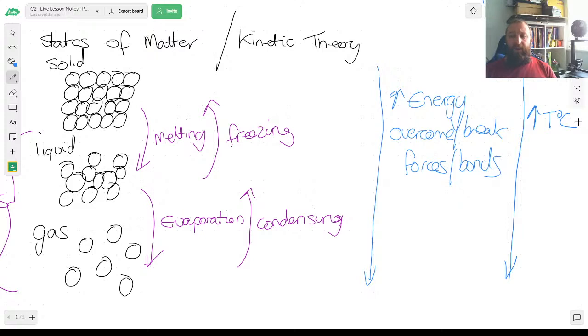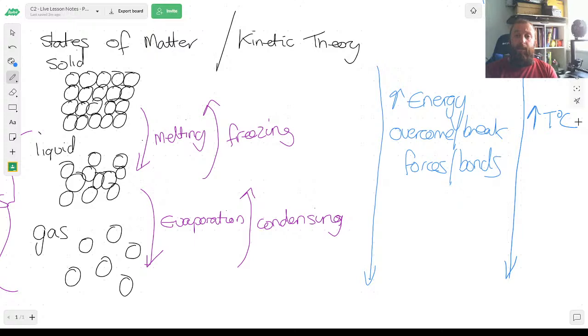Okay, so we've got this idea: more temperature, more energy, the particles move faster. When they're moving fast enough to break those bonds or overcome the forces between them, we get a state change, a transition from solid to liquid to gas. In some cases, the size of the forces needed to break the bonds in a solid and in a liquid are so close together that we don't get melting, we get sublimation.